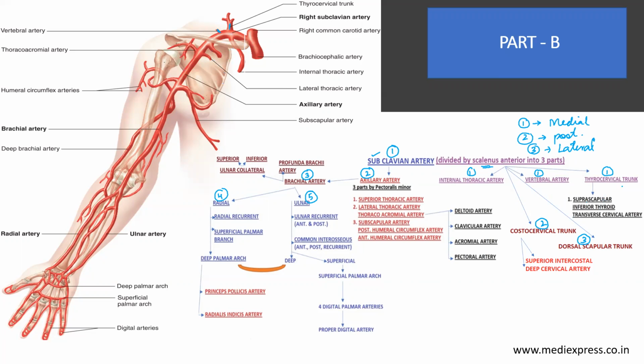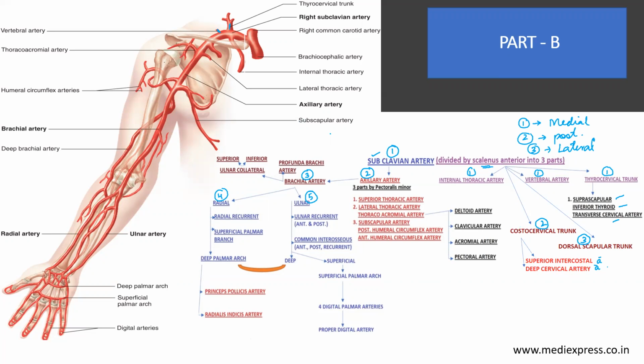So the thyrocervical trunk is again divided into the suprascapular, inferior thyroid artery, as well as the transverse cervical artery. Coming to the costocervical trunk, the second part has two branches: the superior intercostal artery, as well as the deep cervical artery. Okay, so these are the little branches.